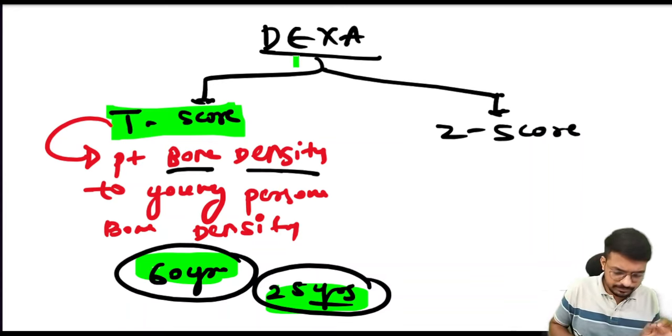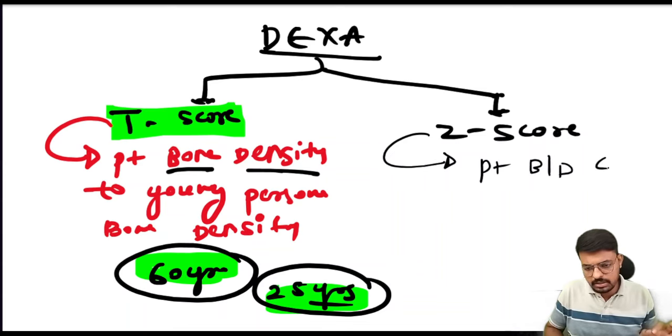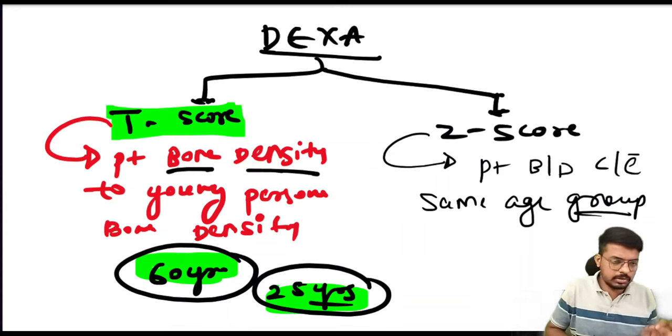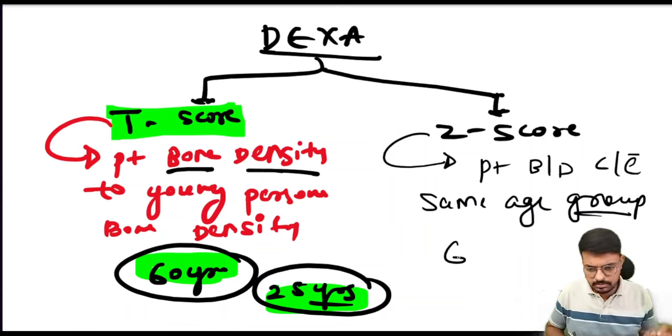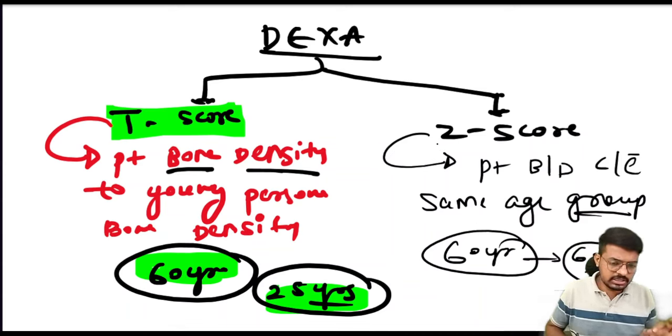But in the Z score, which is very important, the patient's bone density is compared with the same age group. If the patient is 60 years old, his bone density will be compared with 60-year-old patients only. So that is the Z score.